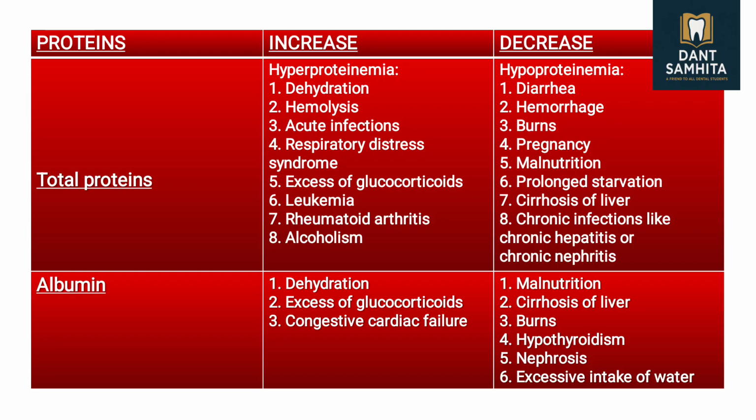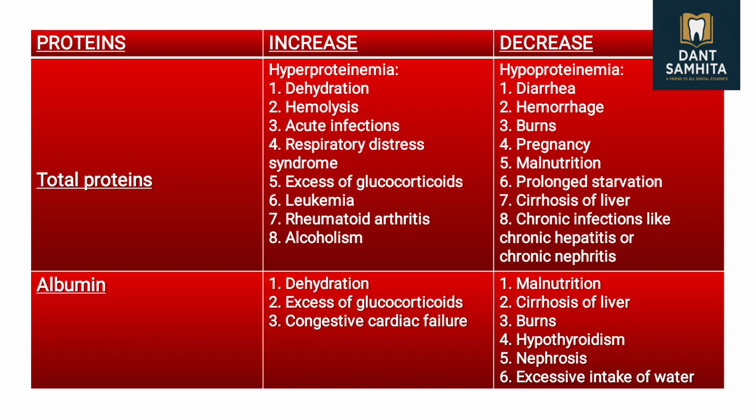When does it decrease? Hypoproteinemia happens in case of diarrhea, hemorrhage, burns, pregnancy, malnutrition, prolonged starvation, cirrhosis of liver, and chronic infections like chronic hepatitis or chronic nephritis.